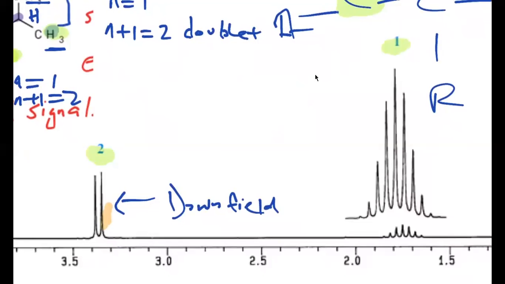So the last signal is here, and it's a multiplet, which means it's split into multiple lines. Let's count them up. These little shoulders out here count. So it's 9 lines.